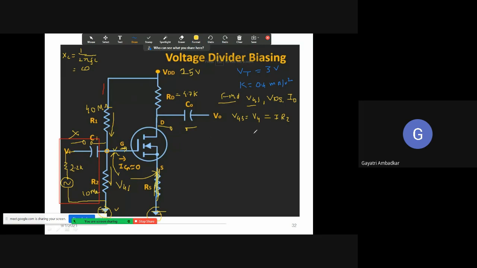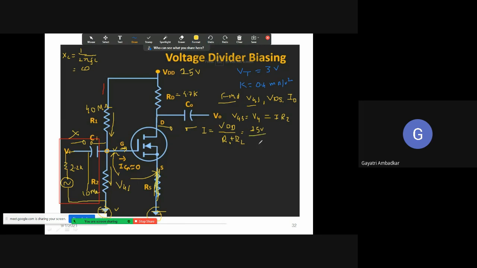Therefore, the current which is flowing, I, we have calculated. What is I equal to? If you apply KVL in this loop, you will get I. So I is equal to VDD upon R1 plus R2, as we wrote in the last derivation. What is your VDD? It is 25 volt. 25 volt divided by R1 plus R2.